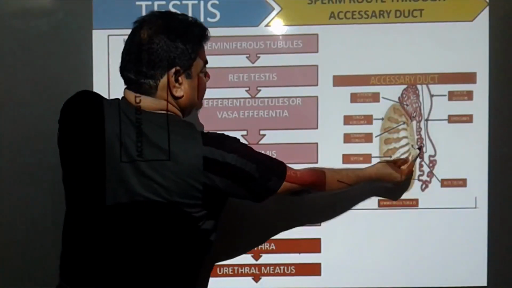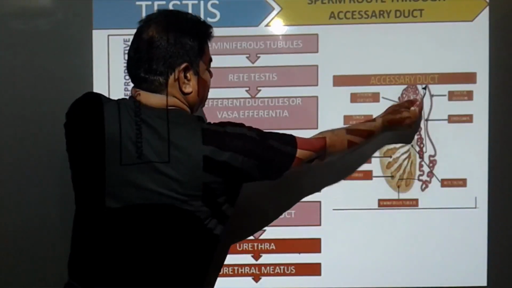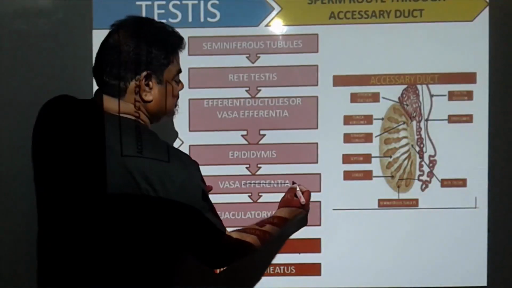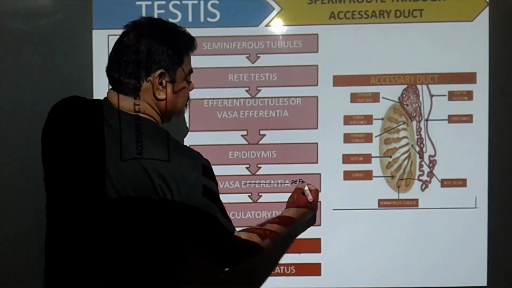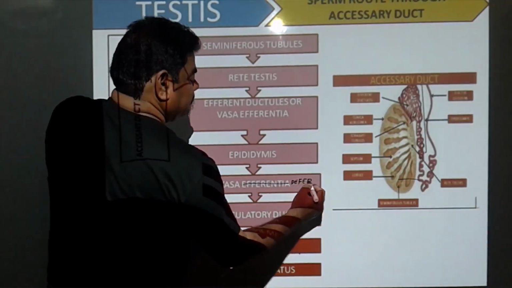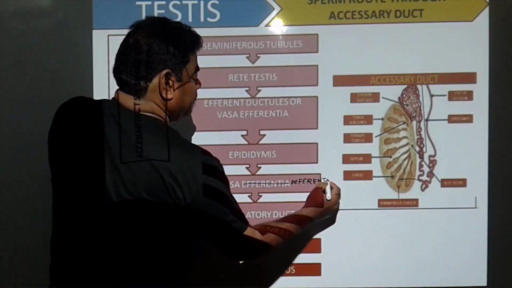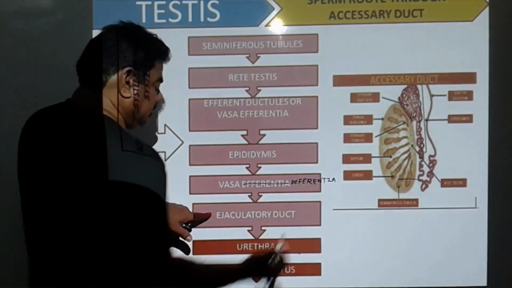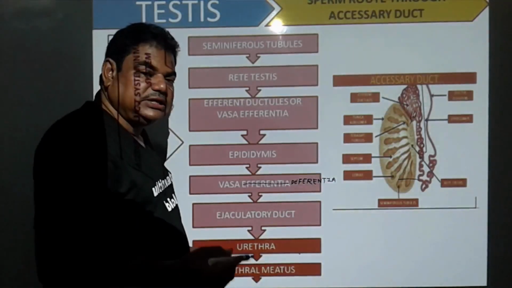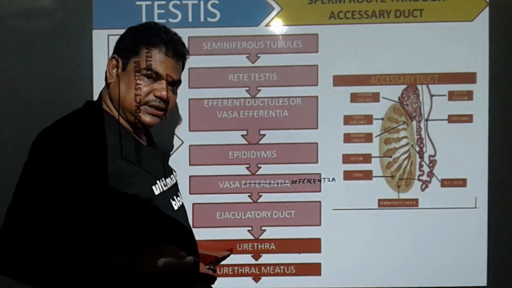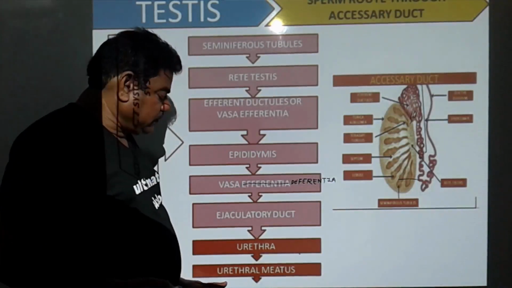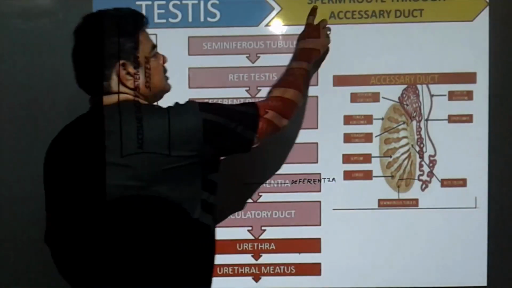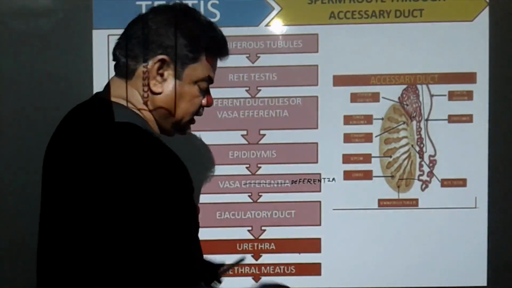Then from the epididymis they come into this common duct, the vas deferens, not efferentia, deferentia. And from the vas deferens it comes into the ejaculatory duct. From the ejaculatory duct it comes into the urethra. From the urethra it is released from the common opening, the urethral meatus. That is the sperm route through the accessory ducts.